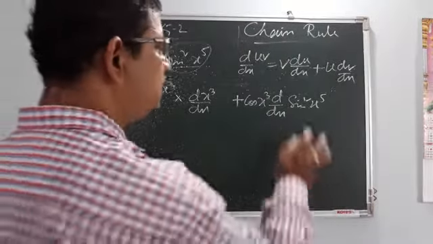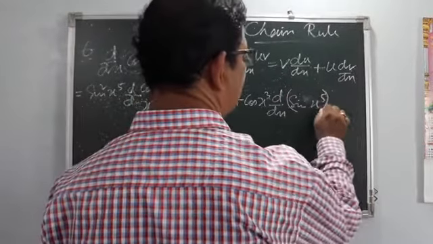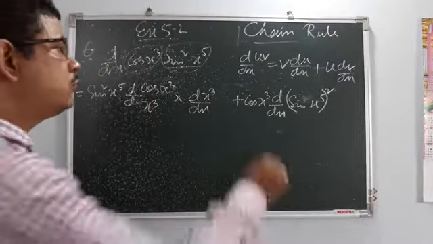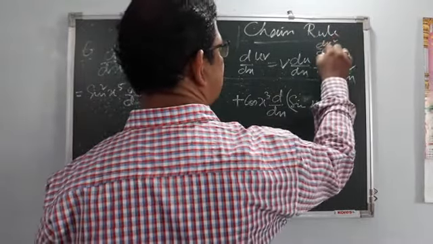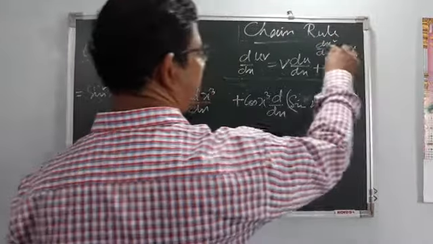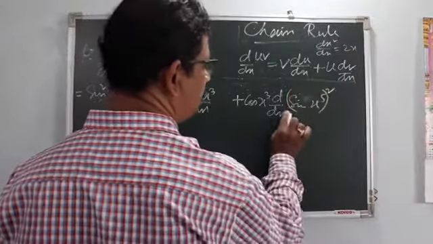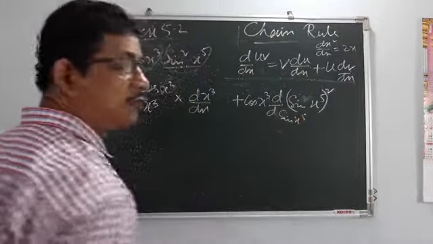Here also you notice sine square x to the power 5 means (sine x to the power 5) whole square. Almost like that, the differentiation of x square with respect to x is twice x. Here instead of x, this term, so of course you will replace it by sine x to the power 5.